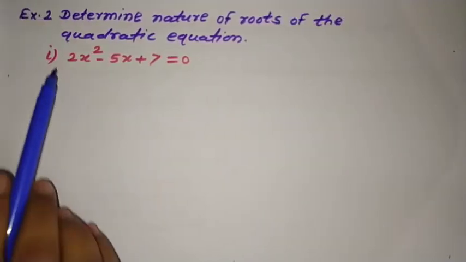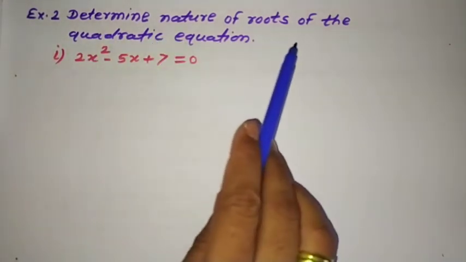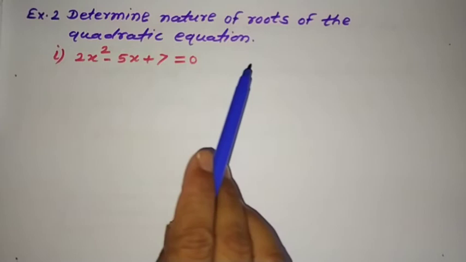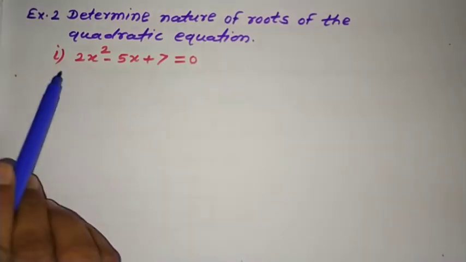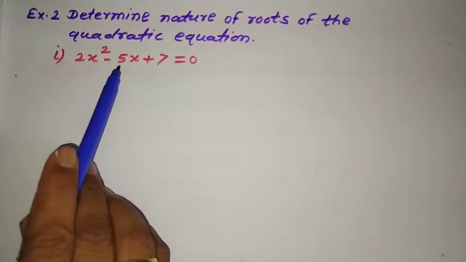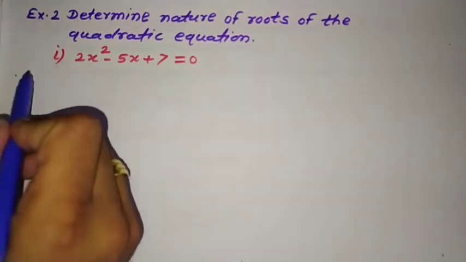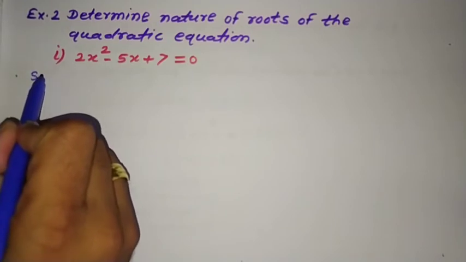See the next example. Example number 2. Determine nature of roots of the quadratic equation 2x square minus 5x plus 7 is equal to 0. Solution.